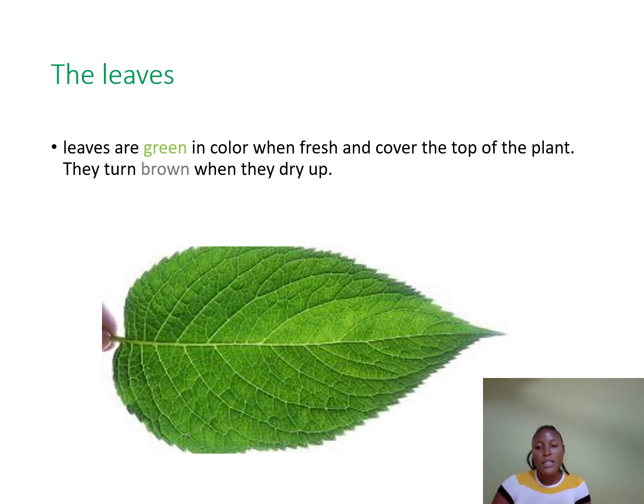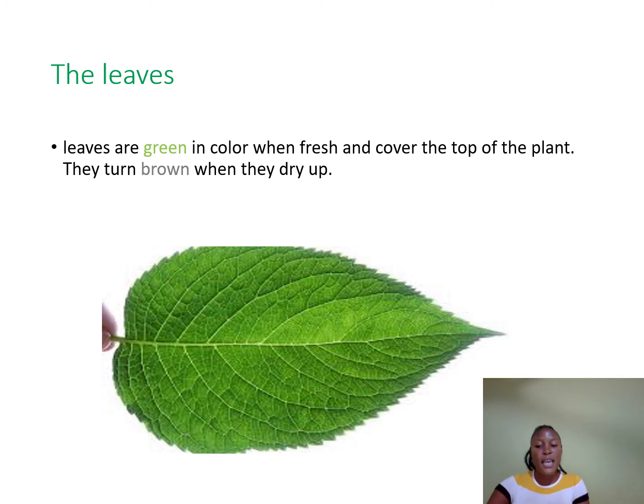We know that the leaves are always known as the crown of a plant because they cover the upper part of the plant. They turn brown when they dry up. So I hope you can see the image of a green leaf on your screen. This tells you that this leaf is very fresh.